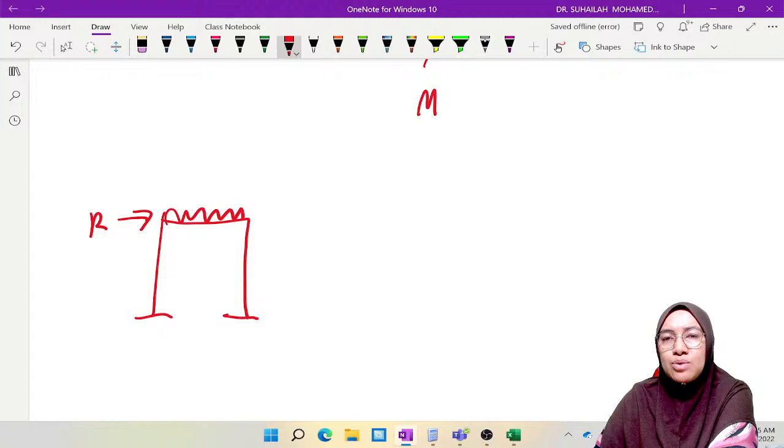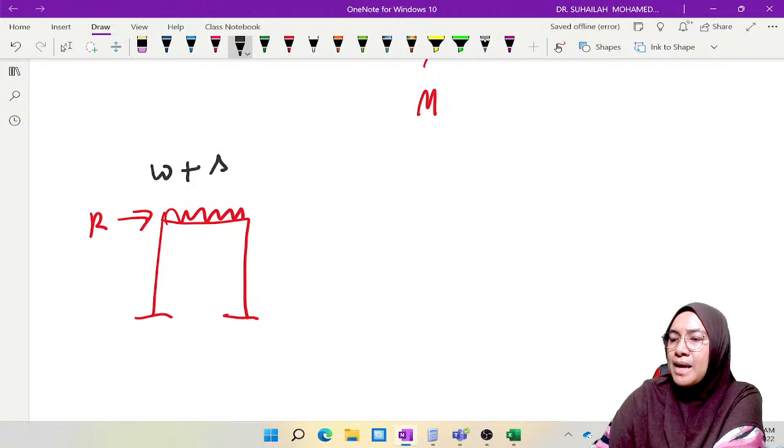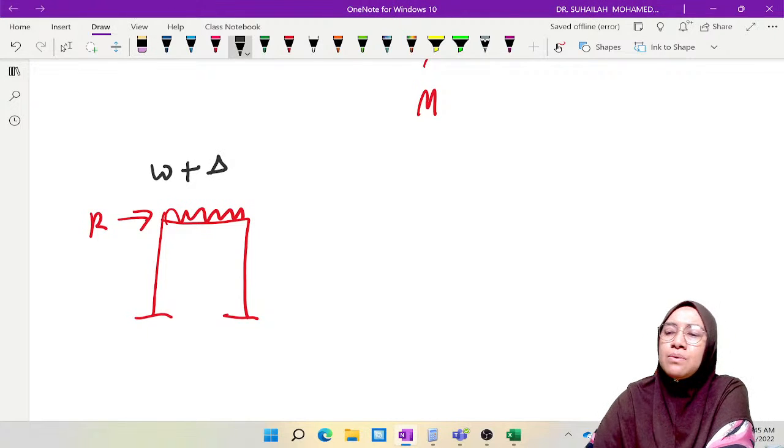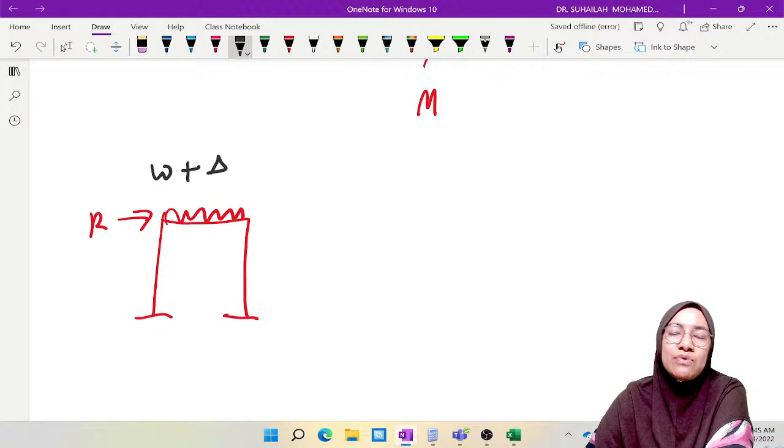So in the original frame, we have FEM due to W here, plus delta also. Between W and delta, we have different formula to calculate FEM. And we have to separate between W and delta, because we have to calculate FEM for W with given value, and delta is unknown. That is the idea why we have to have two tables in frame. We have to separate between these two.